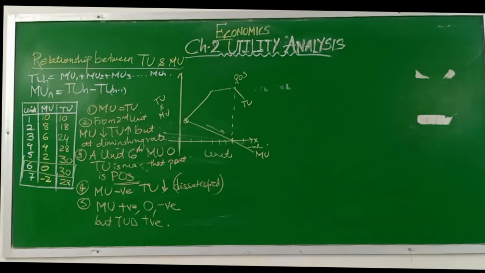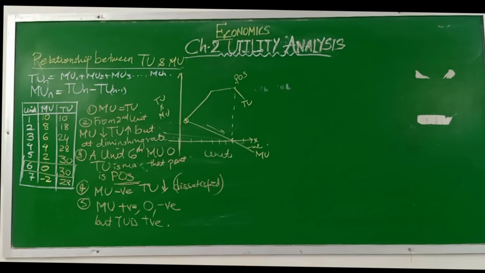From the second unit, MU started declining, that is 8, 6, 4. TU increases but at diminishing rate, at lesser and lesser rate. Then you can see that at unit 6, MU is 0, TU is maximum.